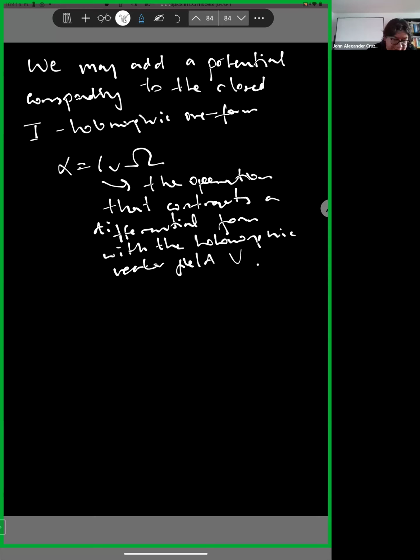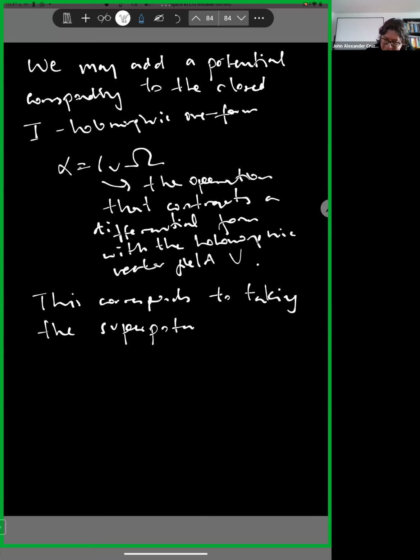So actually in this context, this corresponds to taking the potential. By the way, sometimes today I talk about superpotential or potentials, somehow the same. It's nothing special with the word super. Superpotential or the potential, okay?